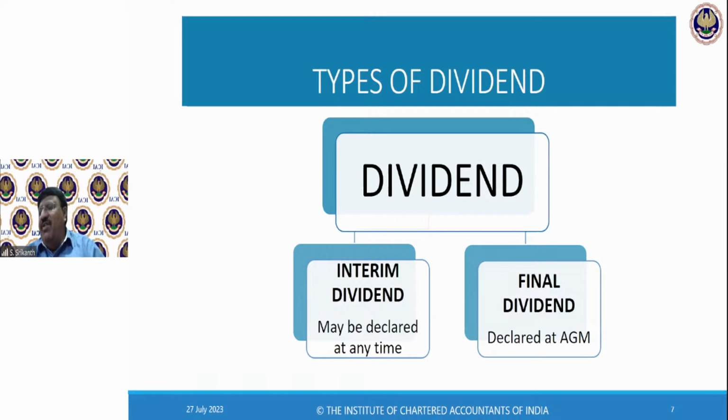There are two types of dividend, as we said, interim dividend and final dividend. Final dividend is at the end of the year, before the AGM; at the AGM, they will announce it. Interim dividend: the year runs April, May, June, July, August, September, six months.